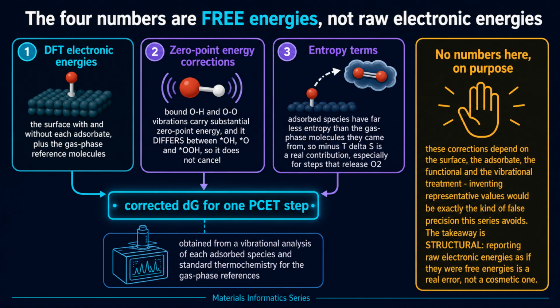Zero-point energy corrections, because bound oxygen-hydrogen and oxygen-oxygen vibrations carry substantial zero-point energy that differs between the 3 intermediates, so it does not cancel. And entropy terms, since adsorbed species have far less entropy than the gas phase molecules they came from. We quote no values for these. Inventing representative numbers would be false precision.